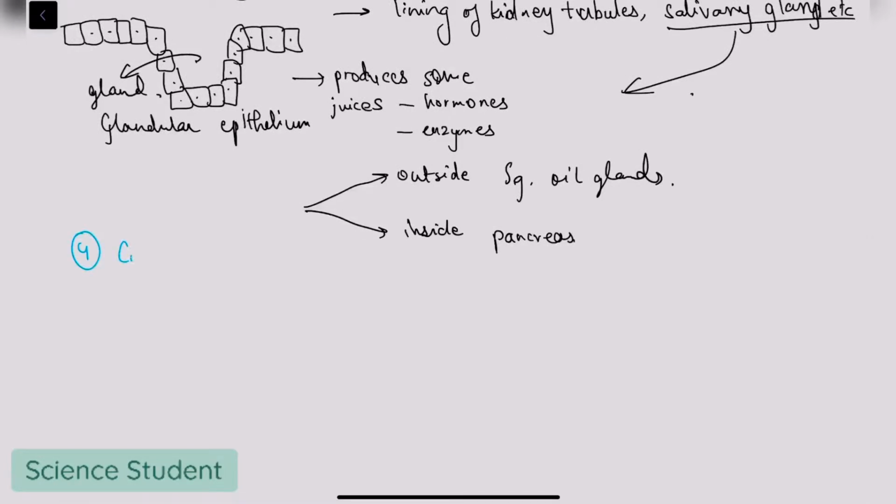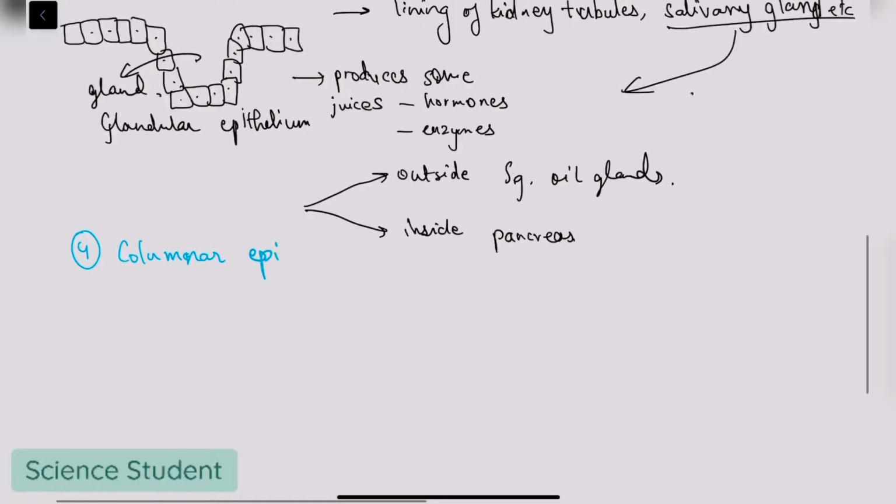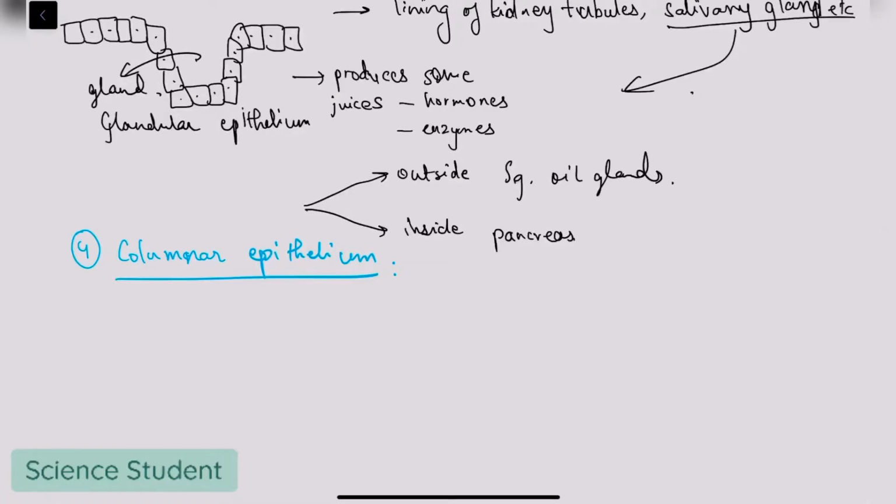The fourth type of epithelium is columnar epithelium. As the name suggests, it is present in the form of long columns, elongated cells.